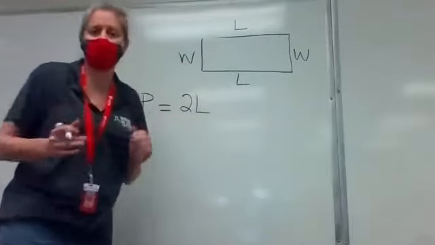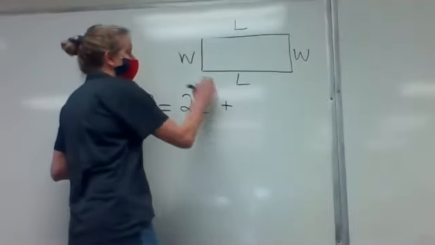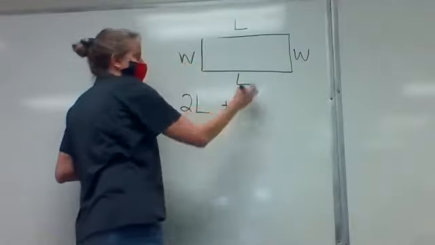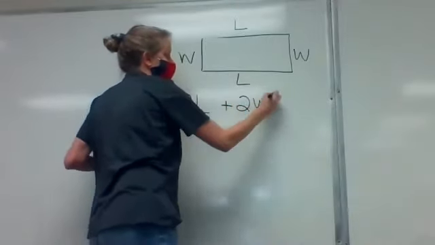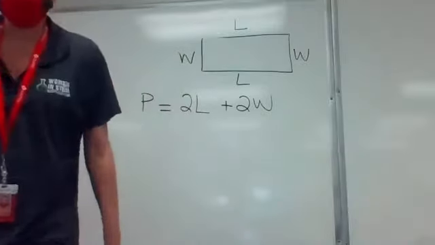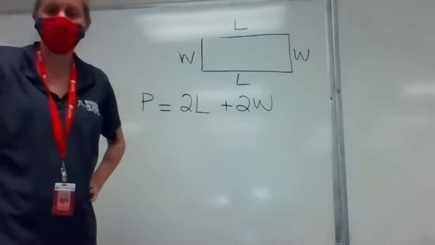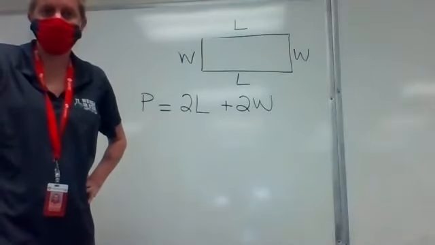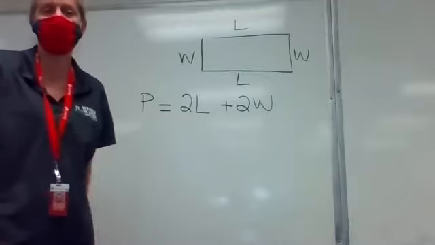So no matter how you look at it, it's going to come up with the same thing. If I add that to these widths being the same, instead of W plus W, I can call it 2W. So here is the formula for the perimeter, and it actually gives you that on the paper.